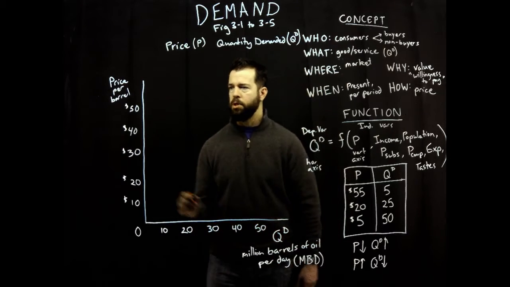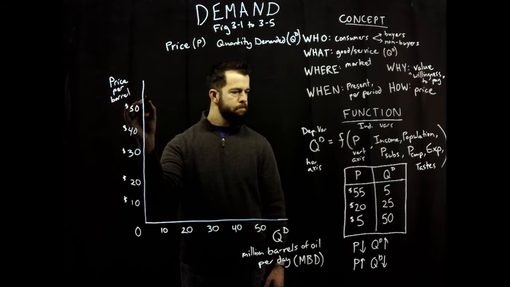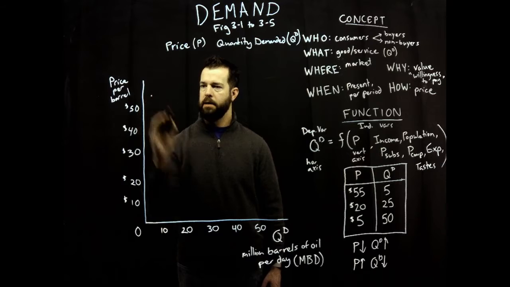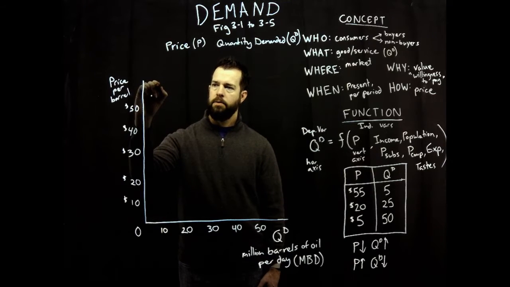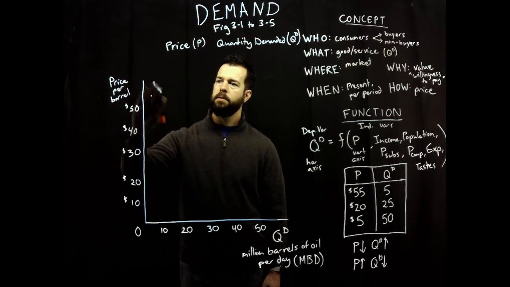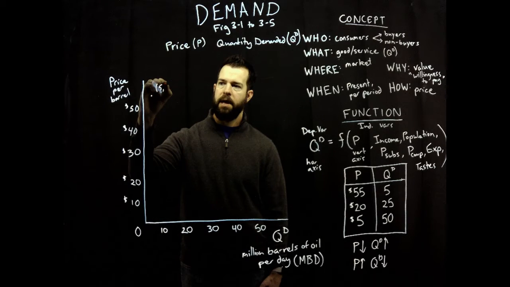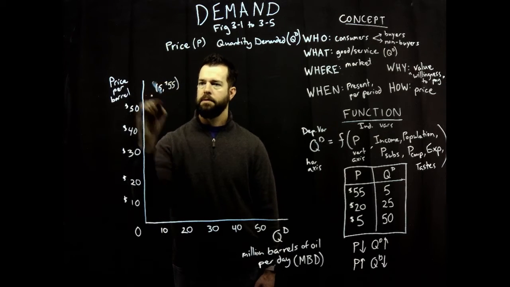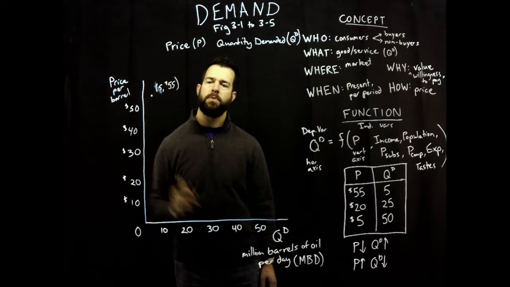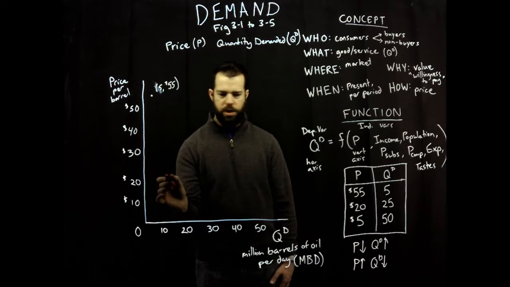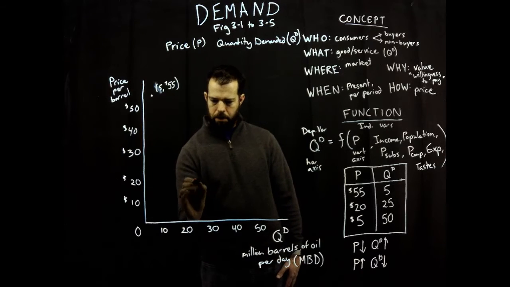So at 55, the quantity demanded is 5. And so about right here, if we were to do actual coordinates, we would have 5 million barrels of oil per day when the price is 55. Okay, so there's our first point. Okay, then when the price drops to 20, we have 25 million barrels of oil per day.